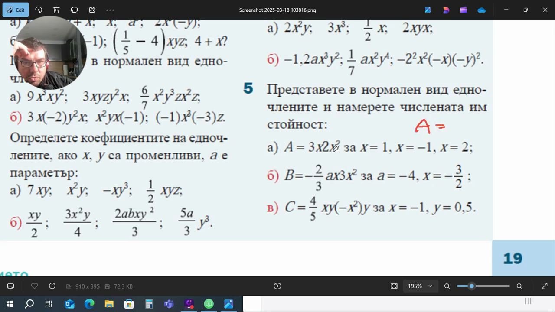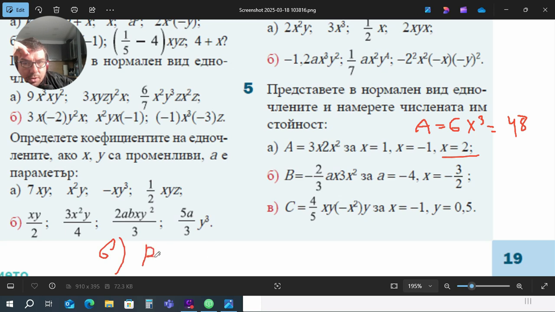I multiply 2 times 3 is 6, x times x squared is x to the power of 3, and I'll just substitute for this one. If x equals 2, I have 2 to the power of 3 is 8, times 6 is 48, and I'll skip the others.